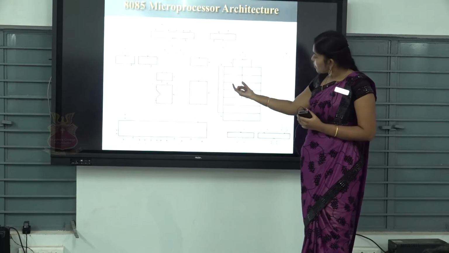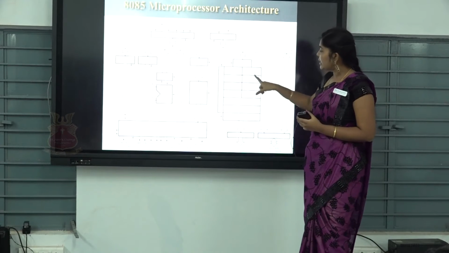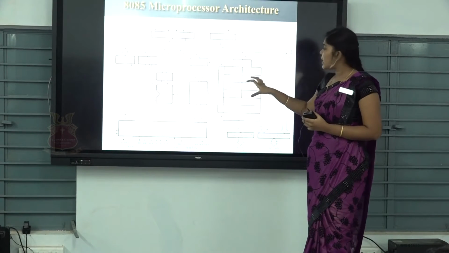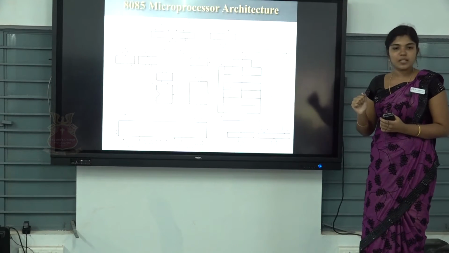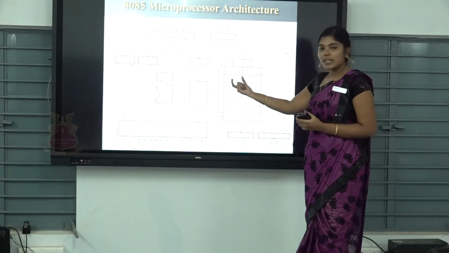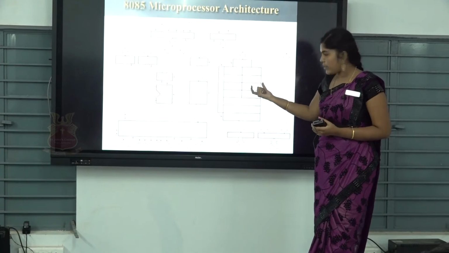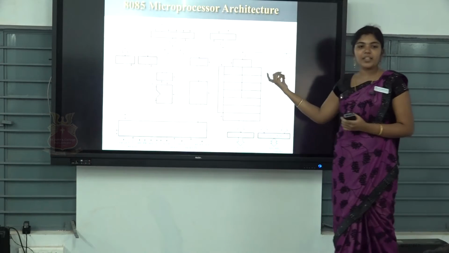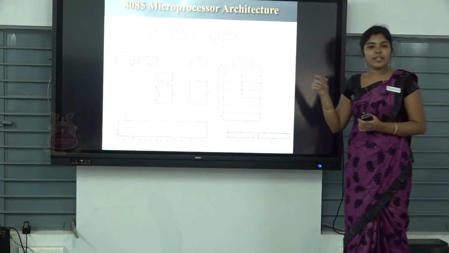Next, below the temporary registers we have B, C, D, E, H, L. Totally 6 registers, also called general purpose registers. The B register has 8 bits, C register 8 bits, D register 8 bits, E register 8 bits, and the H and L registers also have 8 bits.